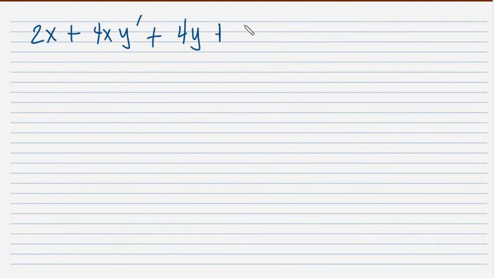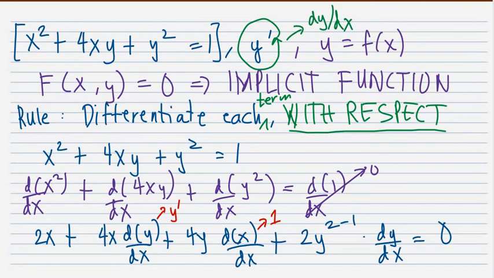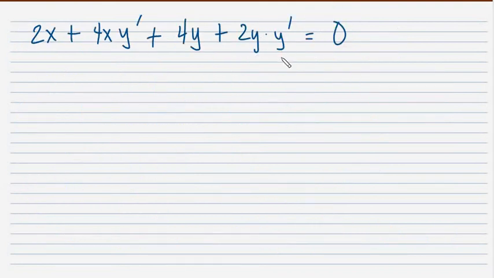And then plus 2y y prime is equal to 0. So what we now have here is the differentiation of the implicit function.